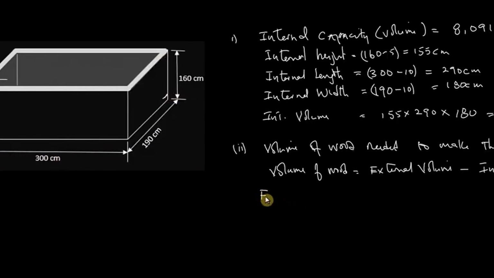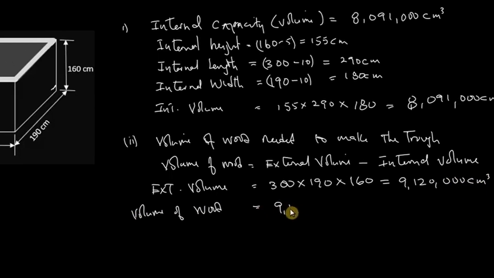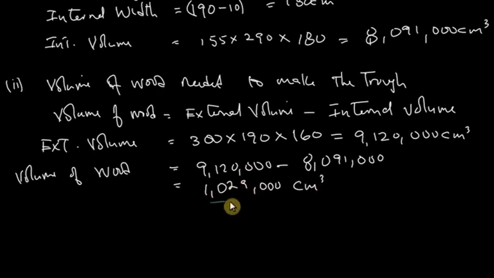So let's write external volume is equal to 300 times 190 times 160, and that is equal to 9,120,000 centimeters cubed. So volume of wood is equal to 9,120,000, you subtract the internal volume, which is 8,091,000, and the volume of wood works out to be 1,029,000 centimeters cubed. So this is the volume of wood needed.